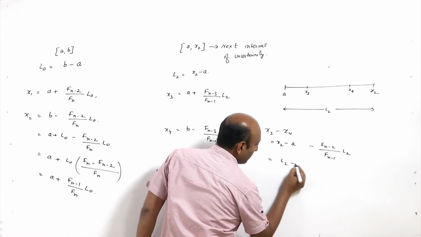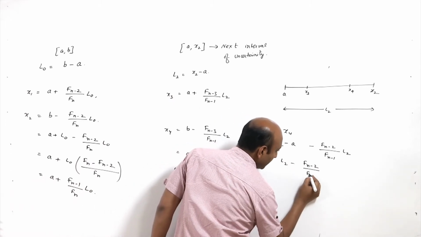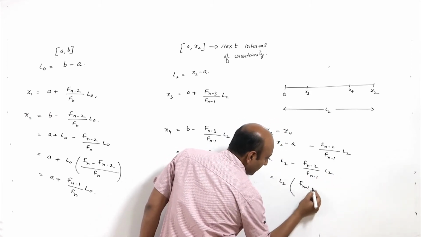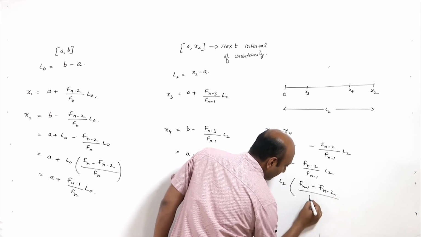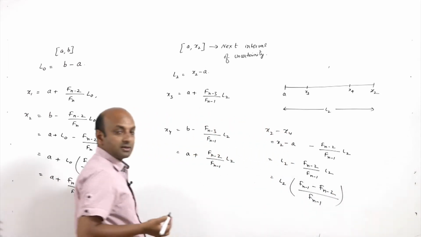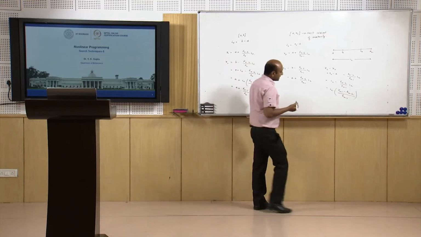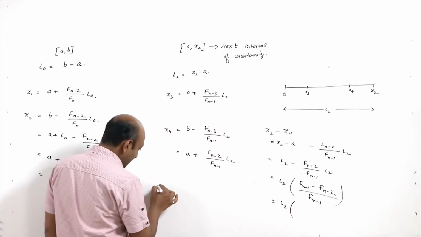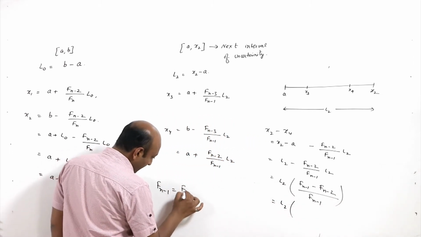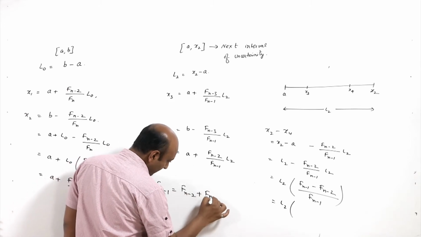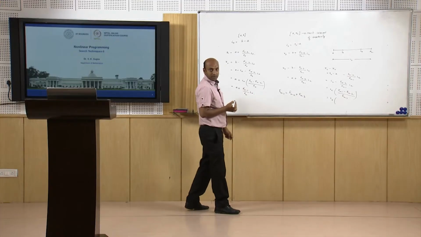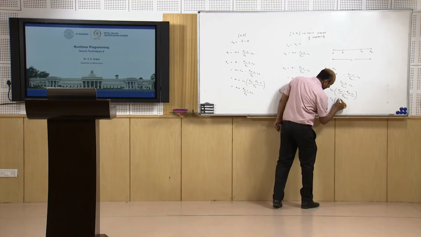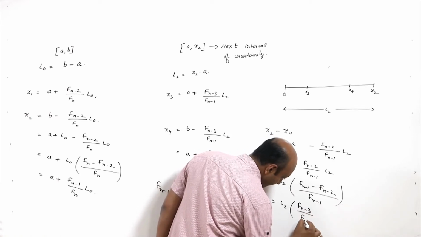So it is L2 minus Fn minus 2 upon Fn minus 1 into L2. If you take L2 common, it is Fn minus 1 minus Fn minus 2 upon Fn minus 1. Again, since it is a Fibonacci series, Fn minus 1 is equal to Fn minus 2 plus Fn minus 3, the sum of the previous two terms, and from this Fn minus 1 minus Fn minus 2 is Fn minus 3 upon Fn minus 1.